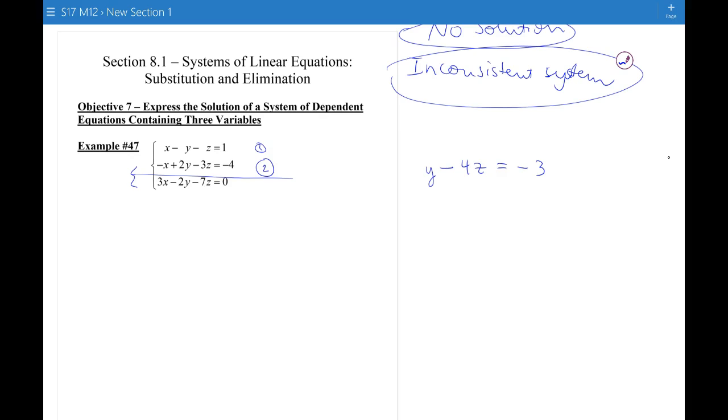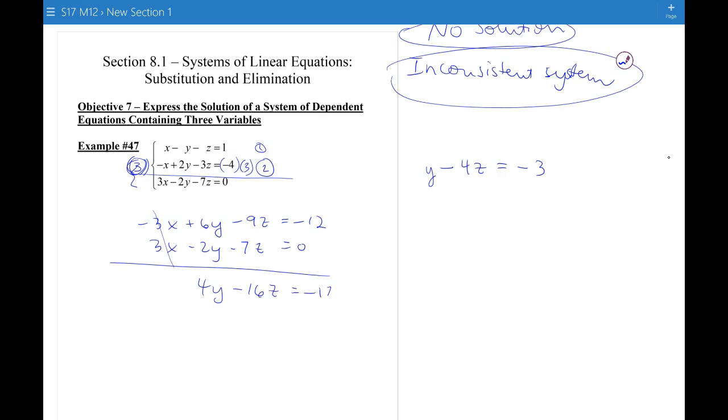Then I'm going to combine equations 2 and 3 and get negative 3x plus 6y minus 9z equals negative 12. And 3x minus 2y minus 7z equals 0. Again, making sure you eliminate the same variable in both so you don't get a big mess. So now I have 4y minus 16z equals negative 12.